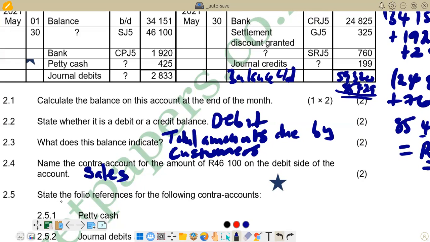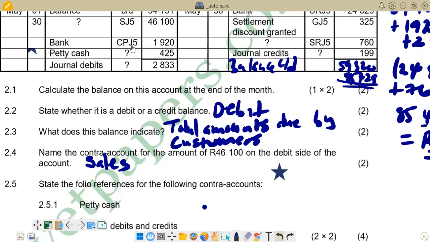Then you go to the next one. State the folio references for the following contra accounts. State the folio references. And remember, the folio references is on this column. This one is the folio references that they are asking. So if you come here, we've got petty cash.